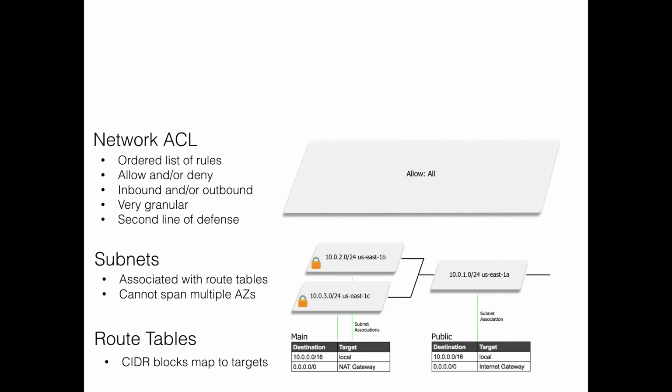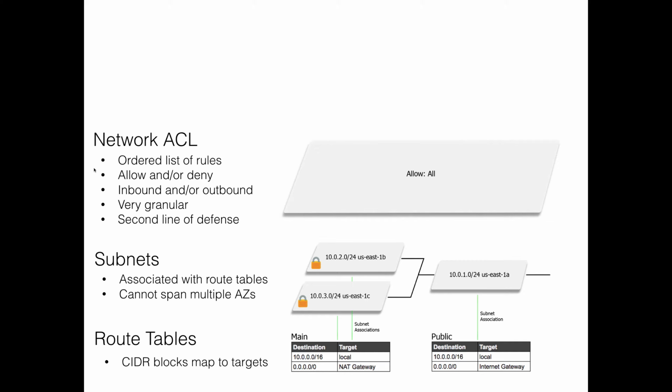And on top of the subnets, we have our network ACL layer. This represents an ordered list of rules, and this network ACL can allow or deny traffic inbound or outbound. It's very granular, and Amazon calls this the second line of defense.